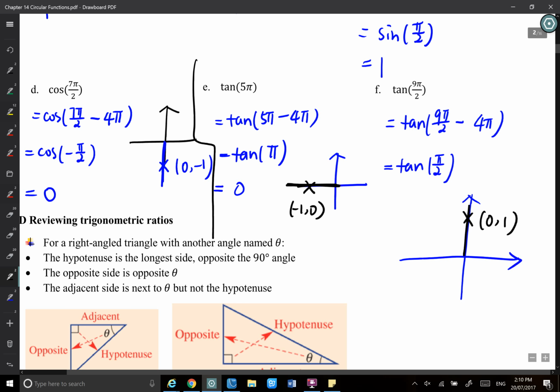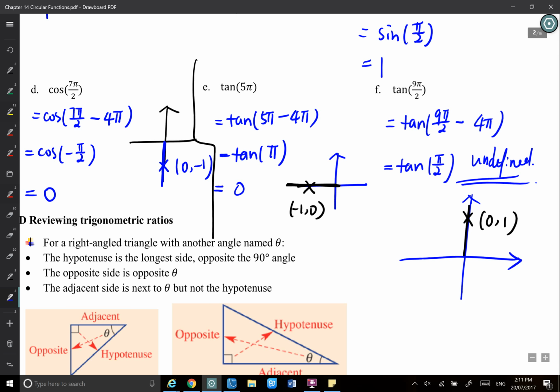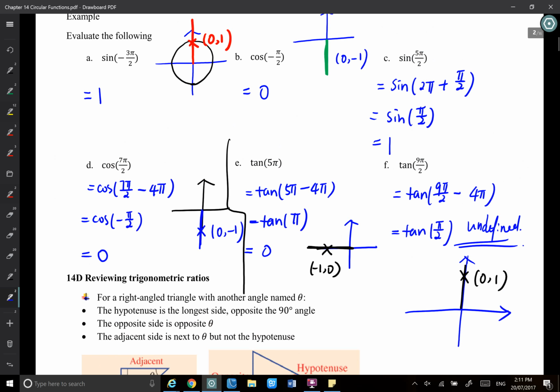But 1 divided by 0 is undefined. So the answer will be 1, 0, 1, 0, 0, and undefined. Okay, that's how you do this type of special angles.